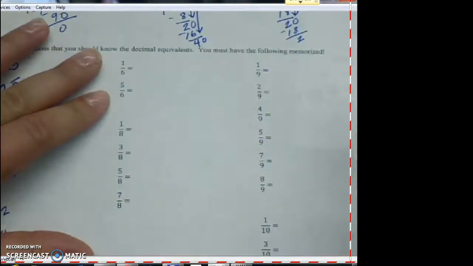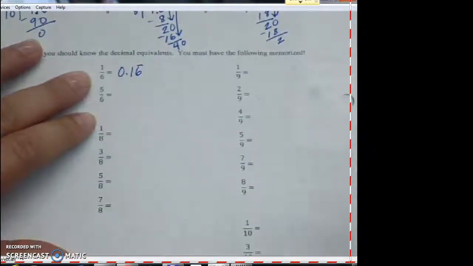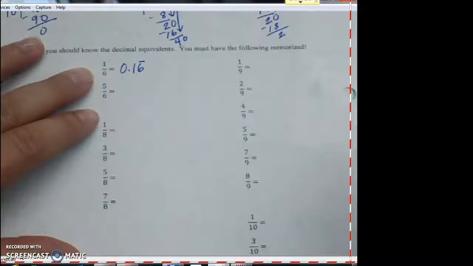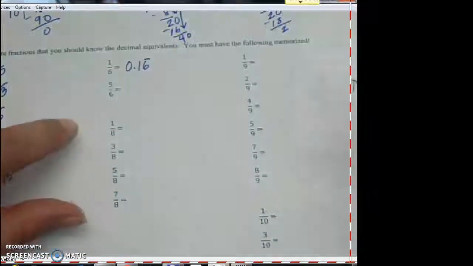Okay. Sixths are a little bit harder. Sixths are just ones that you have to memorize. Okay. 1/6 is 0.16 with the 6 repeating. Only the 6 repeating. I don't really have a good way to tell you otherwise. You can remember it as 1/6 and it's 1 and 6. So come up with a way that you're going to remember that.